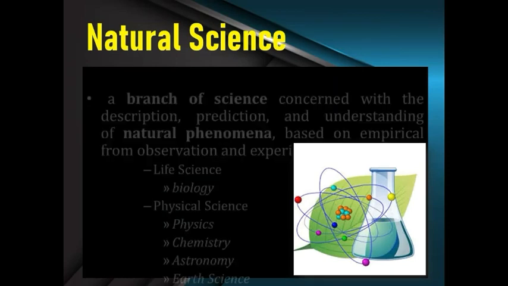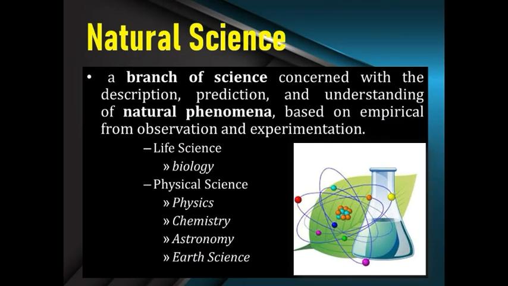Natural science, on the other hand, is a branch of science concerned with the description, prediction, and understanding of natural phenomena based on empirical evidence from observation and experimentation. Natural science can be divided into two main branches, such as life science and physical science. Life science is alternatively known as biology, and physical science is subdivided into branches such as physics, chemistry, astronomy, and earth science.